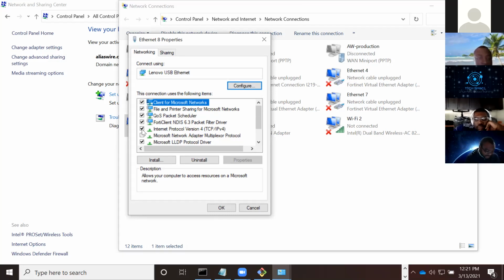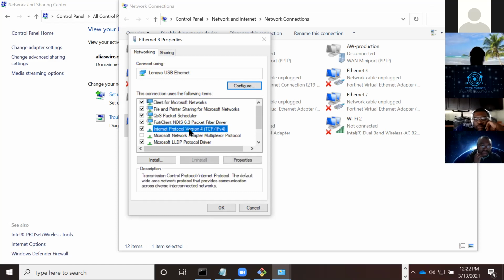Yes, it's checked. And IPv6 is also checked, right? Yes, please. All right. So you are using both IPv4 and IPv6. So guys, let's go ahead and click on IPv4 right here, Internet Protocol version 4.